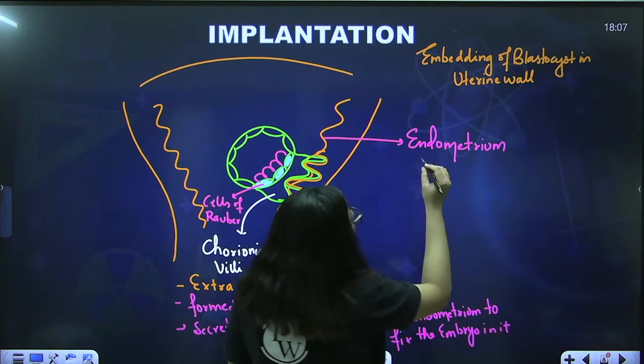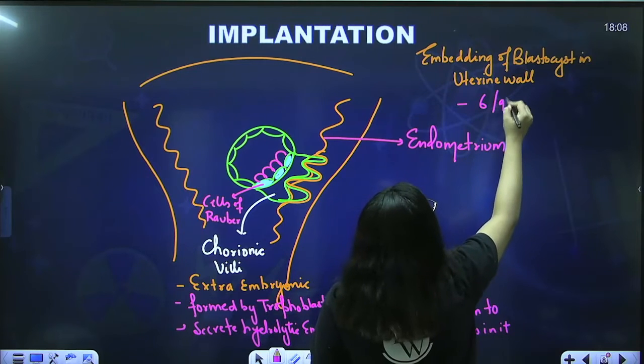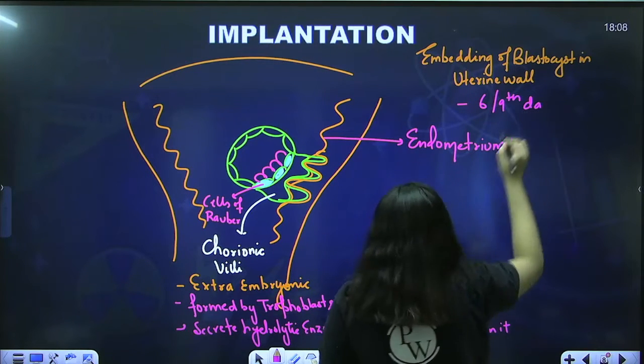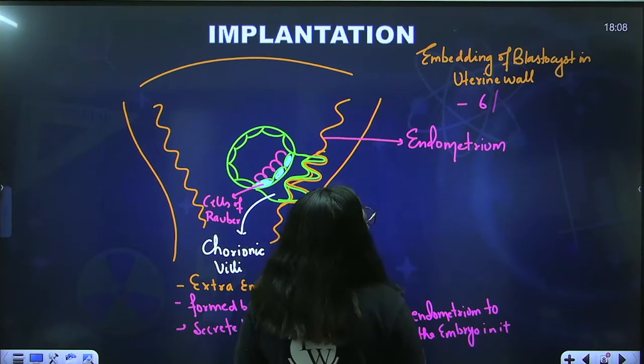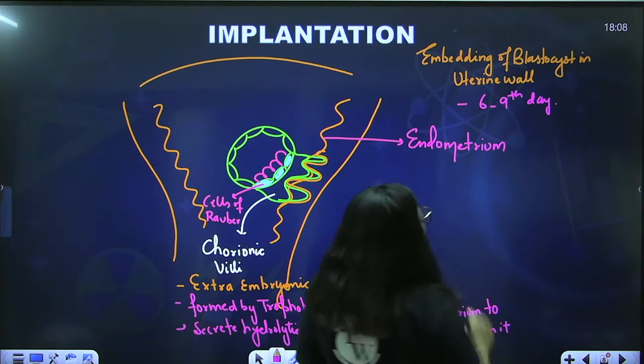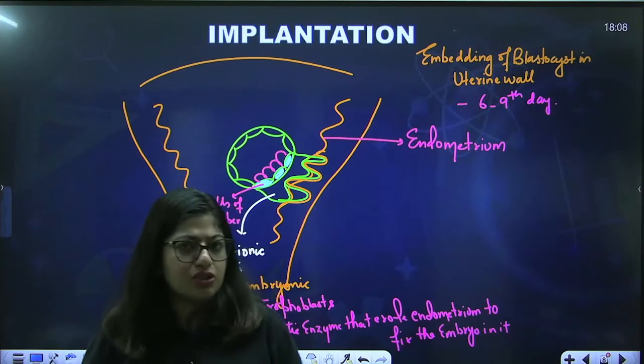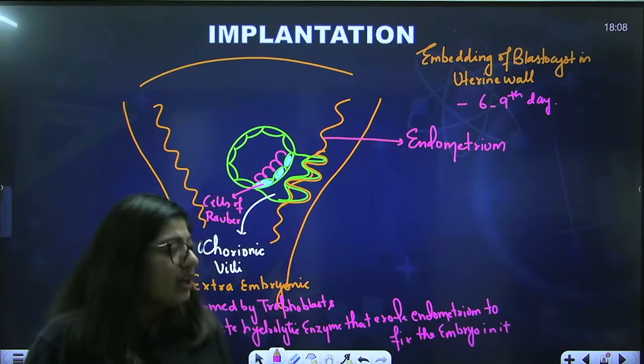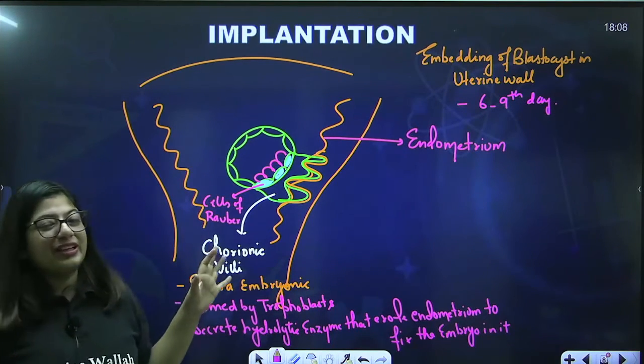And implantation usually occurs at around the 6th to 9th day. It's like the 6th to 9th day following fertilization that implantation takes place. Around 1 week after fertilization, implantation takes place, right? So that's how implantation takes place.